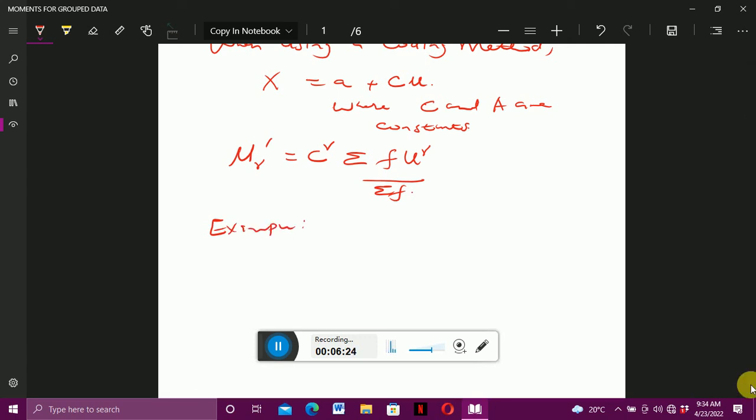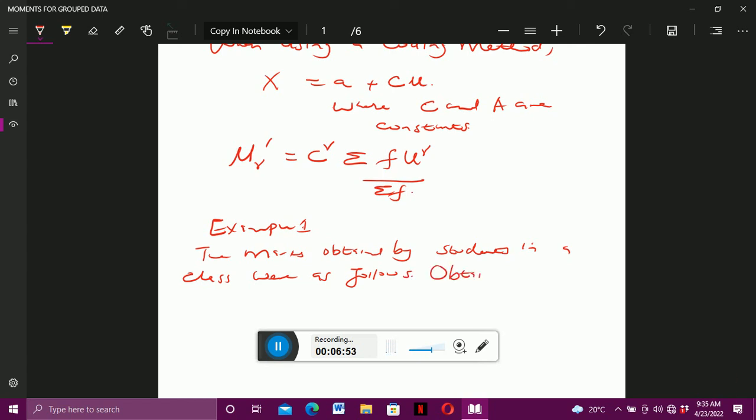We can call it example 1. We say the marks obtained by students in a class were as follows. What do we want to do with the marks?